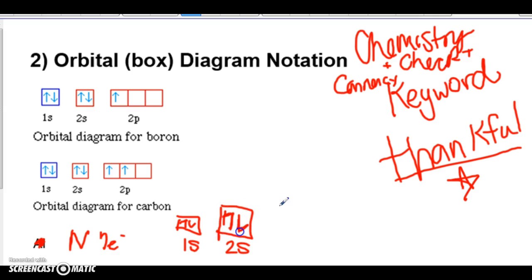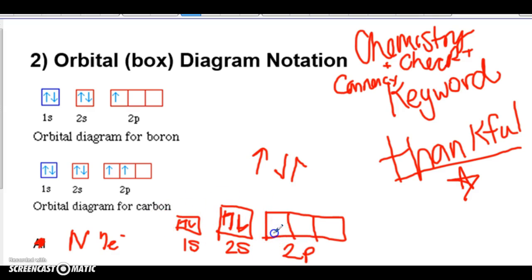I only draw one side. It doesn't matter if you draw your electrons like this or like this. I just do a single arrow. Don't ask me why. I think in college we got lazy drawing them all the time. Okay, so now we have 4 placed, 2p. So 4, 5, 6, 7. We are done. Remember, if you put 1s2, that is incorrect.